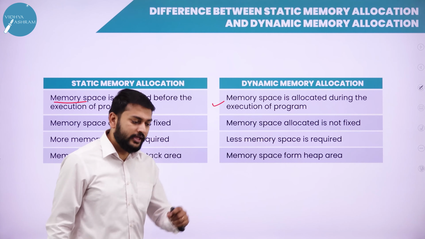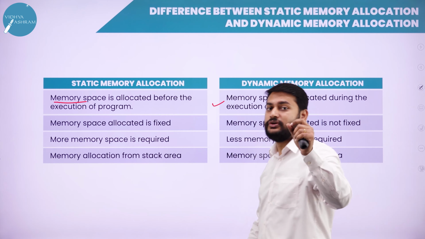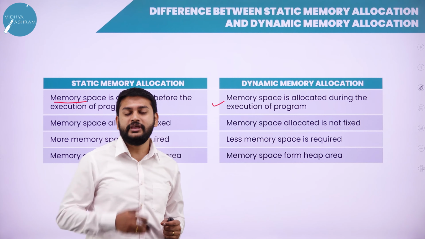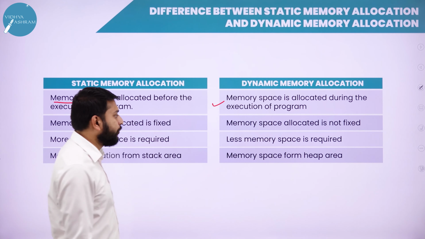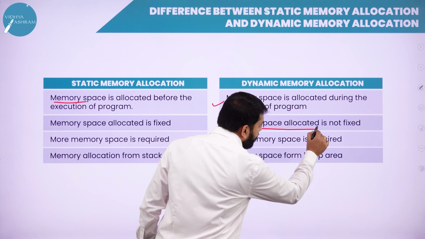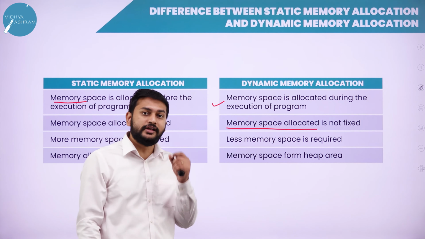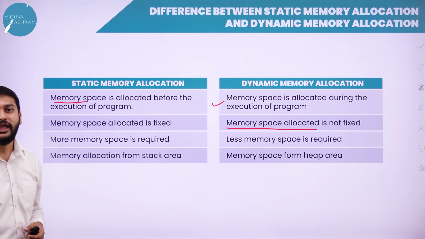In the same way, in dynamic memory allocation, memory is not fixed. Whatever memory you need until you complete the execution of the program will be supplied. So the memory space allocated is not fixed, which is the second important point with respect to dynamic memory allocation.